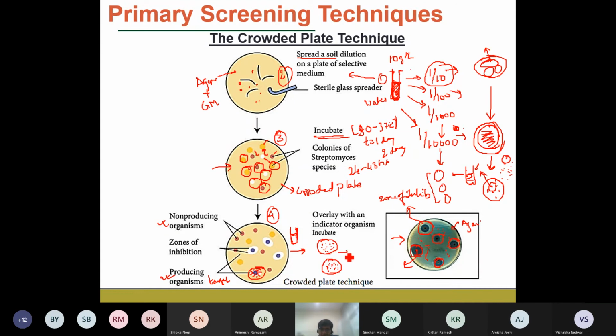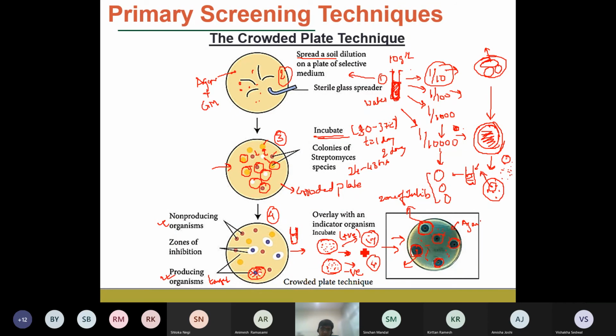Then after that we coat with two test organisms. One test organism may be a gram positive one, and the other a gram negative one. After that time period, we see how much the zone of inhibition is. So we generally get plates in which, if it inhibits the growth of the gram positive, we will find a zone of inhibition, and if the gram negative is not affected, then the zone of inhibition will be absent.